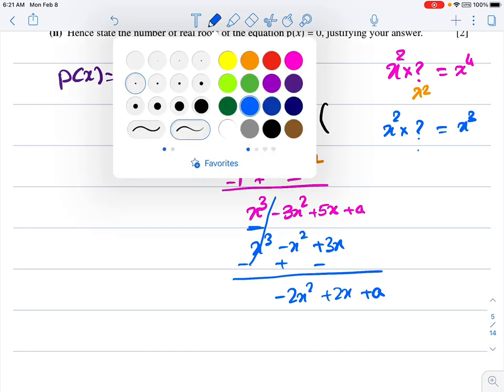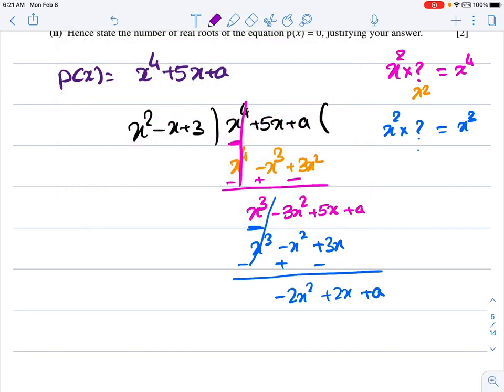Now again we change the color. This time let us choose this color. X square should be multiplied with what to get negative 2x square? So it is just negative 2. When I multiply all three with negative 2, it gives negative 2x square plus 2x minus 6.